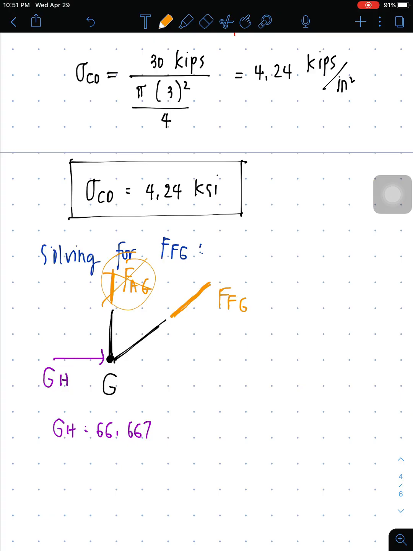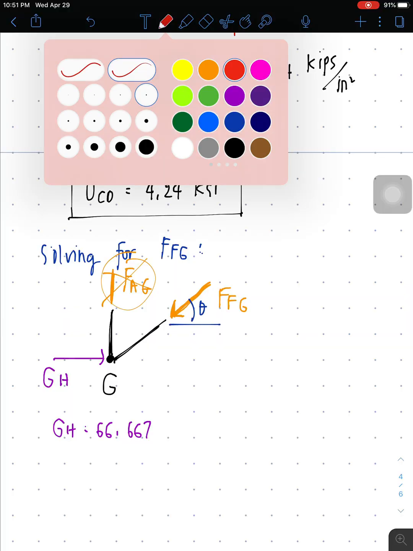So what would be the direction? I'll assume a compression. Yeah, kay naka-inclined naman sad ang force nato from the horizontal. Kung ano sa nato ihang component.